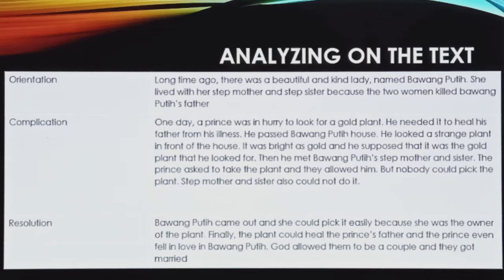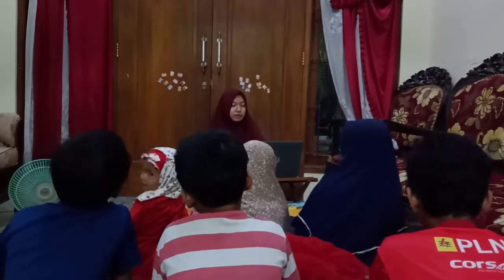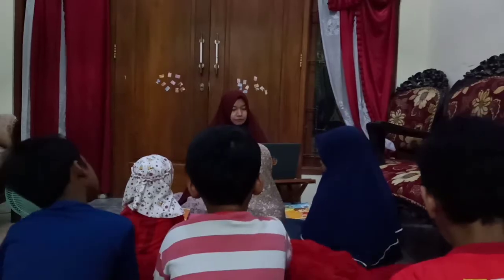That mother and sister also couldn't do it. And for the solution, Bawang Putih came out and she could pick it easily because she was the owner of the plant. Finally, the plant could heal the prince's father, and the prince even fell in love with Bawang Putih. God allowed them to be a couple, and they got married.